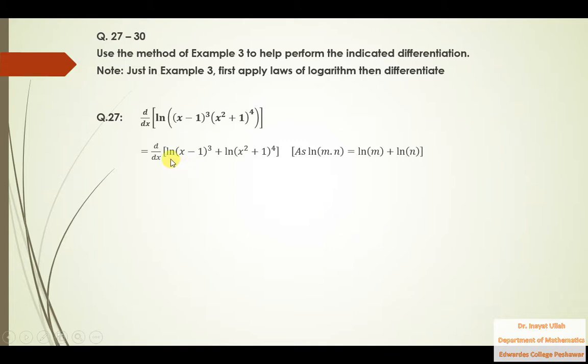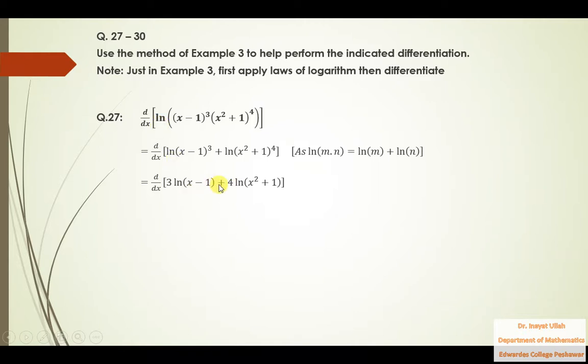Now we can apply the third rule, that log of m power n, dropping this power in front of the log. By using this law, we have simplified the function. That is the simplest form of this function by using the rules of logarithm.